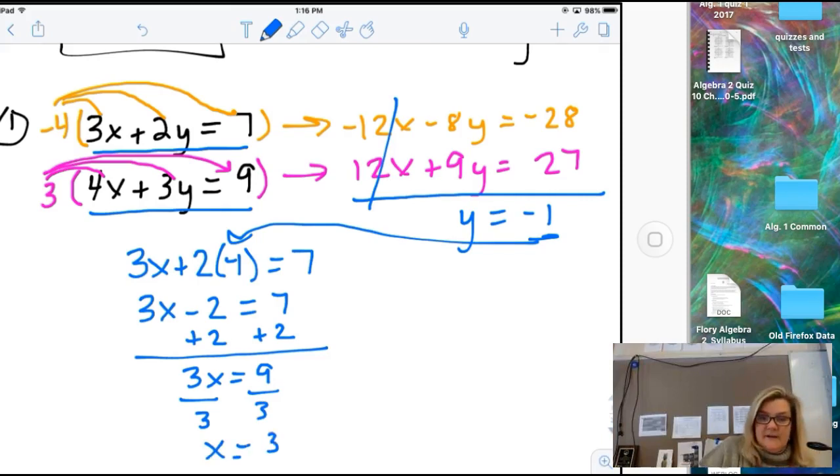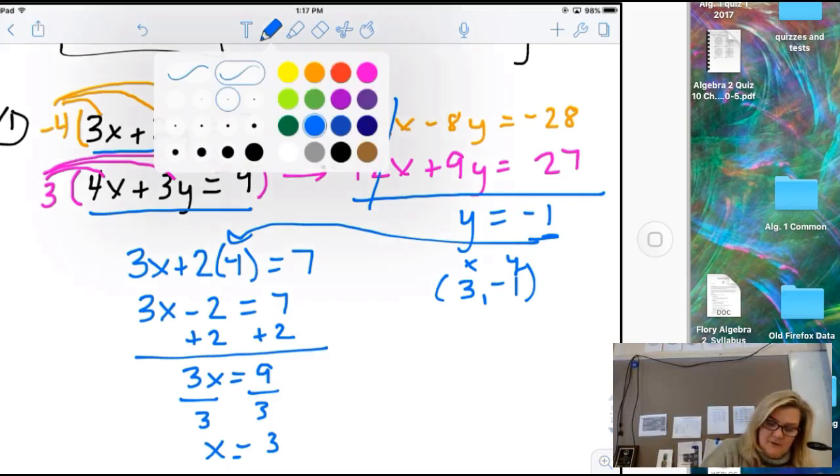So the values that I have are 3 and -1, my x and my y. And we're going to go back and check. Again, I'm going to take one of the original equations. Because we used the top one, I'm going to use the bottom one to check to make sure that this is the right answer.